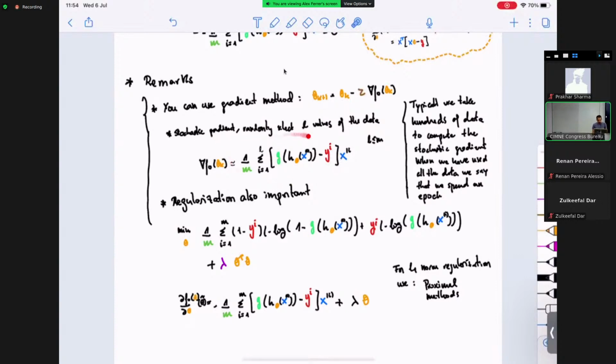And we were saying that instead of gradient, we should take a stochastic gradient because even computing this is very expensive. All the sum, all the data, 1 billion computations of this. It's too much. So at each iteration, you take just a hundred, 100, in an iteration. And when you have gone through all the data, then you call it an epoch.